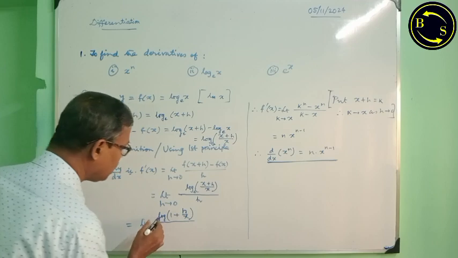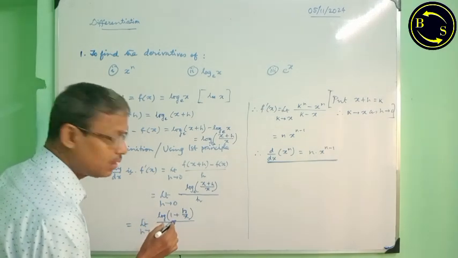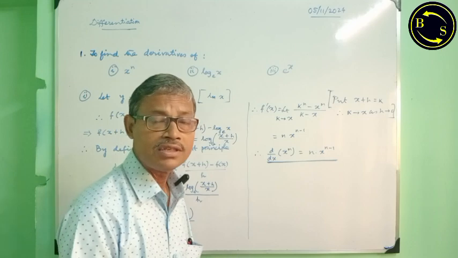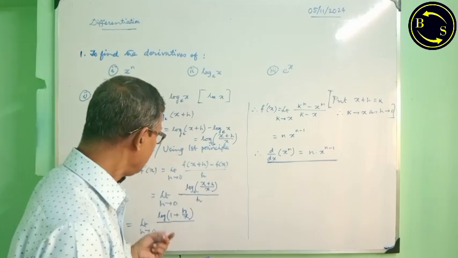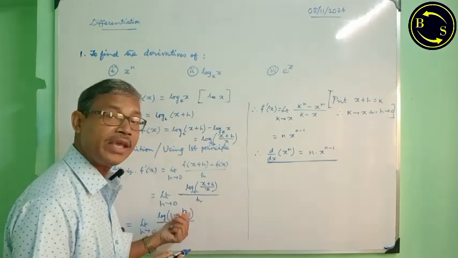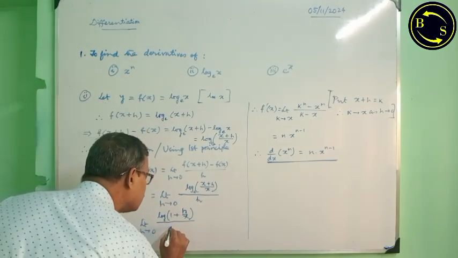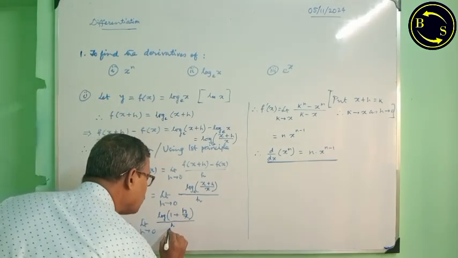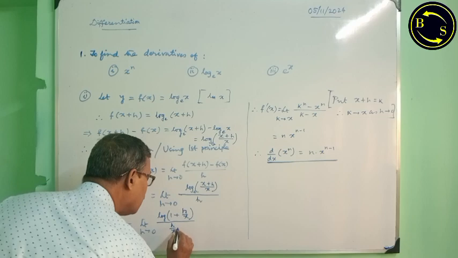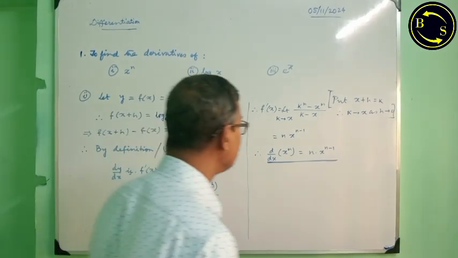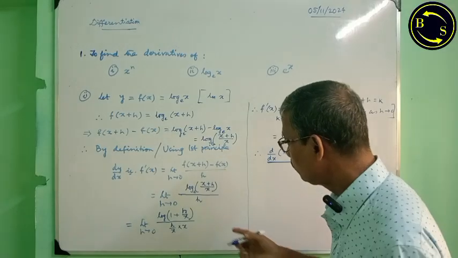Now I see in the standard limit it is log of 1 plus x divided by x. Here in place of x it is h by x. Therefore, we have to get here h by x. For that, follow.